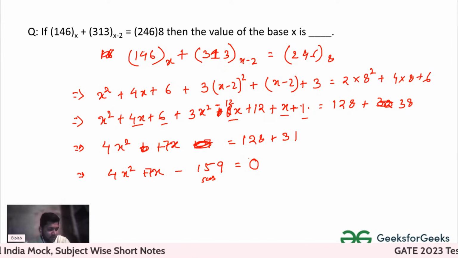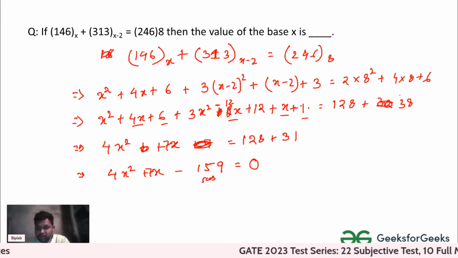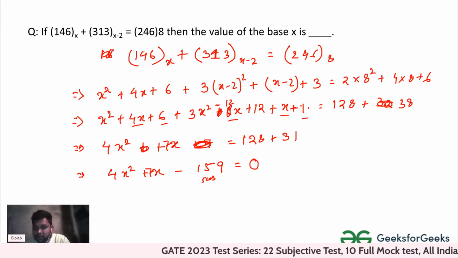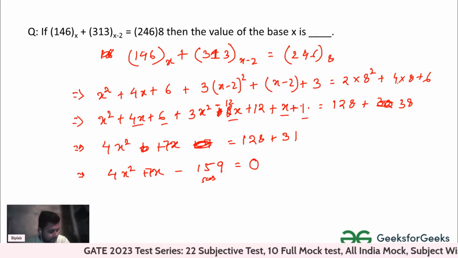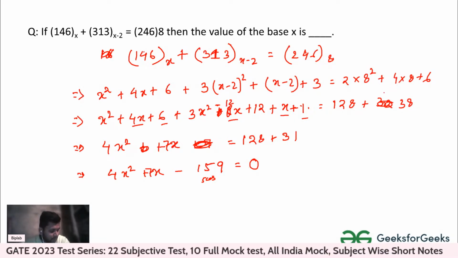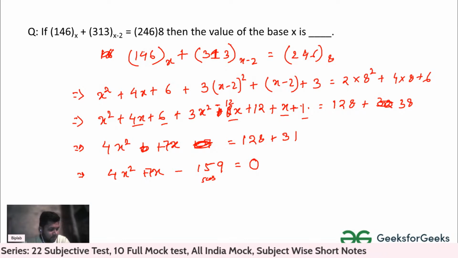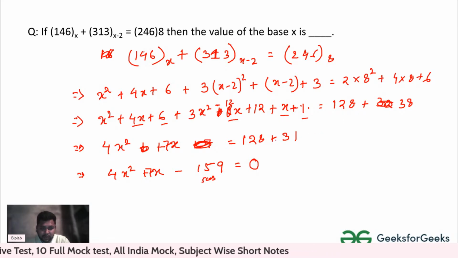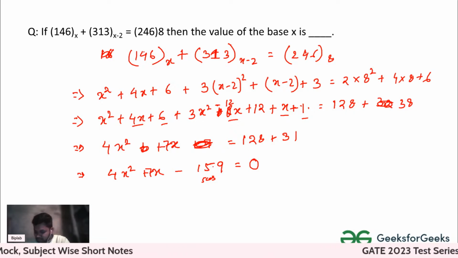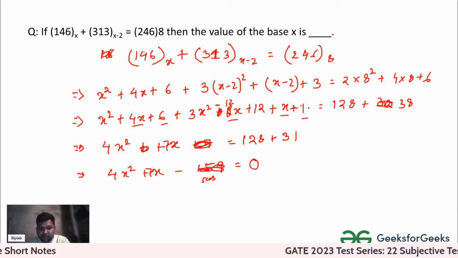Or it is 1 minus 19, 32. Okay, fine. It is 147. Yes, 147.